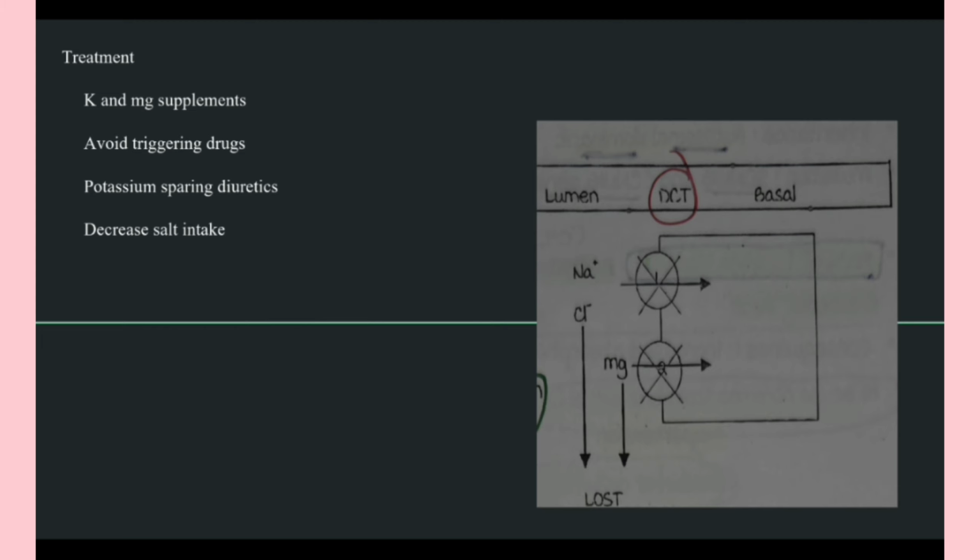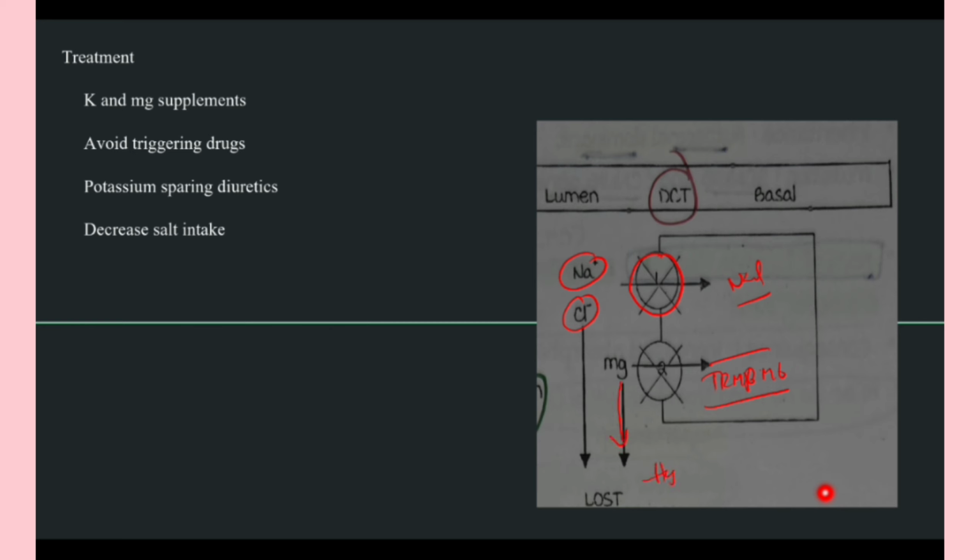If you see here, this is the NCC cotransporter, and due to its mutation, sodium and chloride are not reabsorbed here, and this is the TRPM6 channel. Due to its defect, magnesium is not reabsorbed and is lost in the urine.